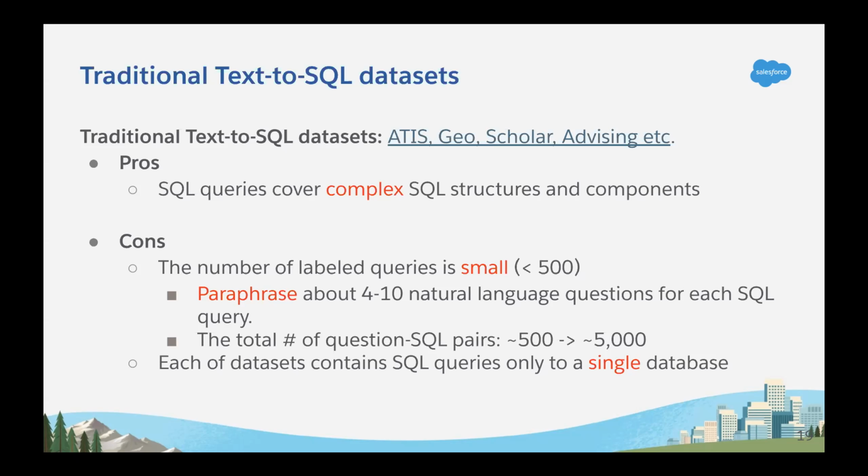If you need to collect a dataset and design a model for each database, it's not scalable. So we need a model that can generalize to unseen data after you train it, which means you need a new dataset.